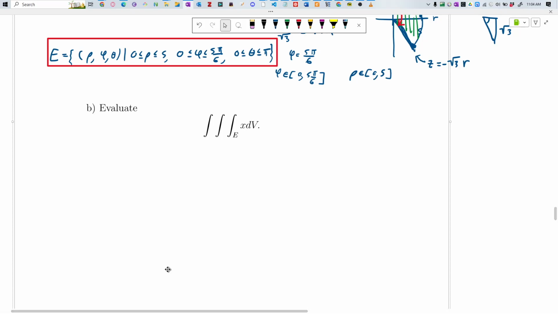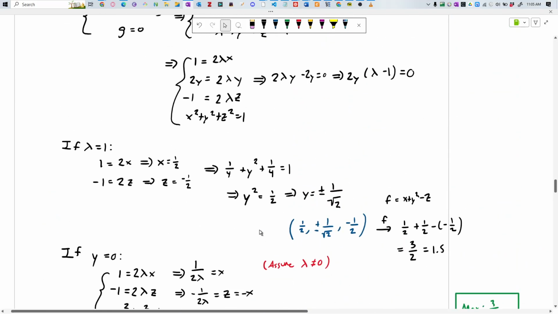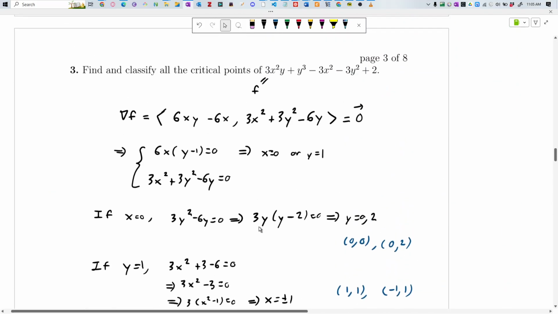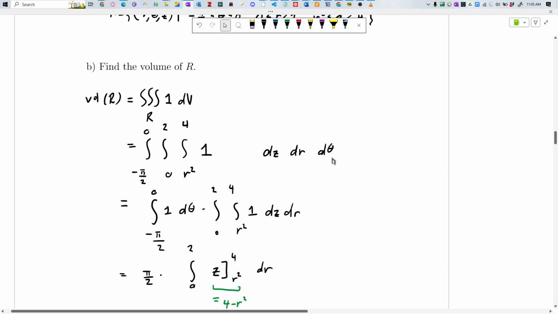Okay, so we integrate x, and we have to convert x to spherical, so that's whatever that function is. And we have this spherical box, so that makes the integral not too bad, I think. So first, maybe one thing I should also do now that I've noticed this, I need to double check that.